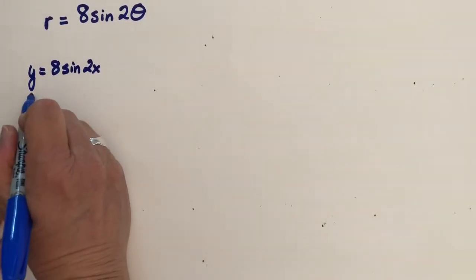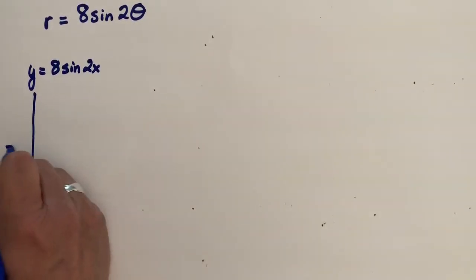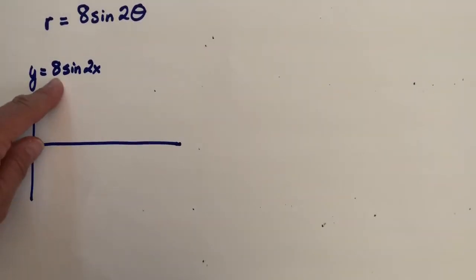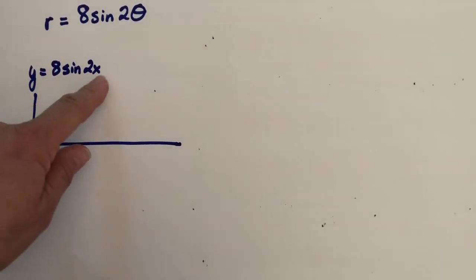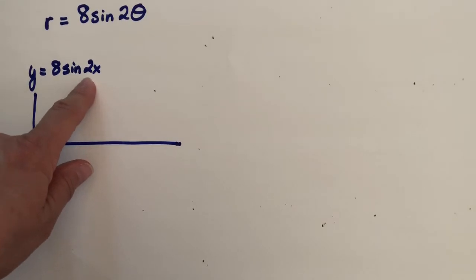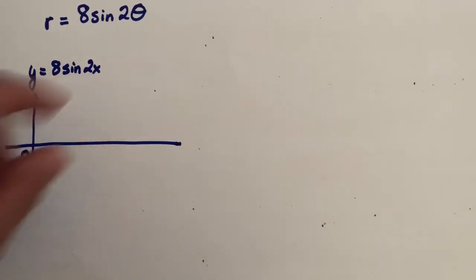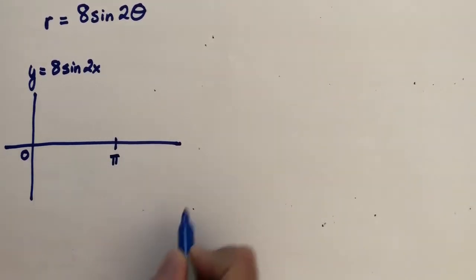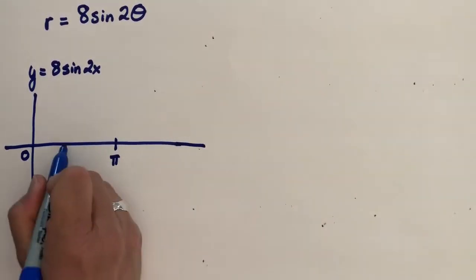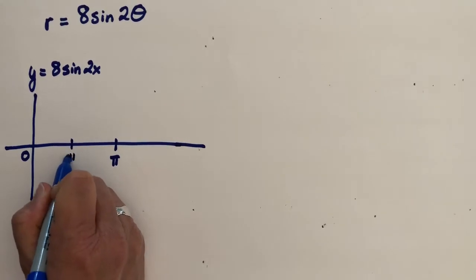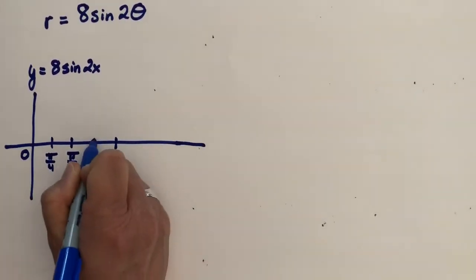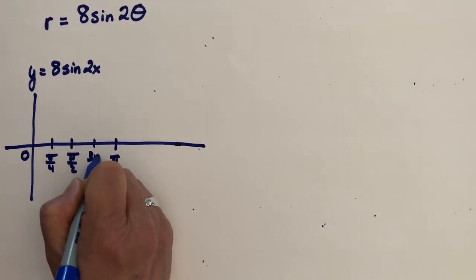In fact, let's graph it. We know that the amplitude will be 8. The period for this one will be 2 pi divided by 2, so pi units. So the period is pi. And I'm going to cut that into quarters, so I have pi over 2, and I have pi over 4, and I have 3 pi over 4.